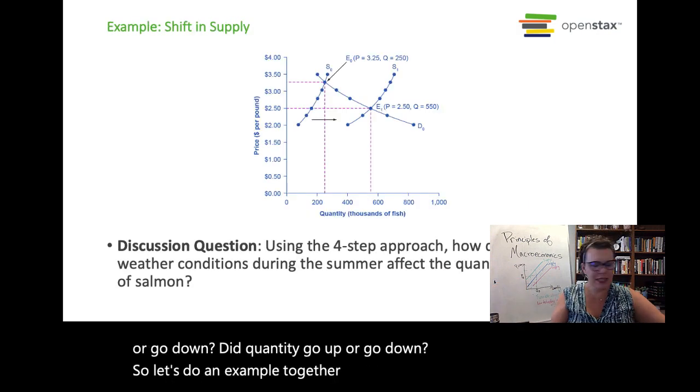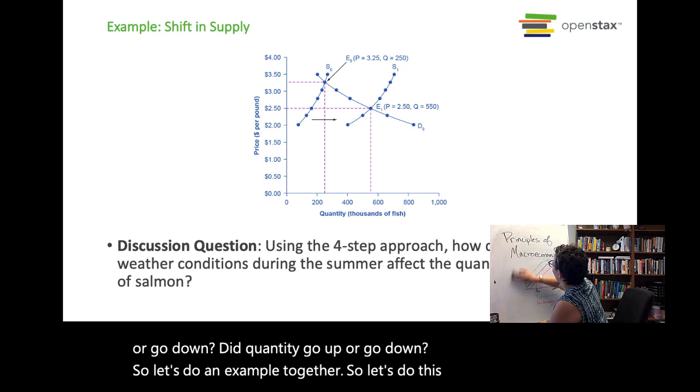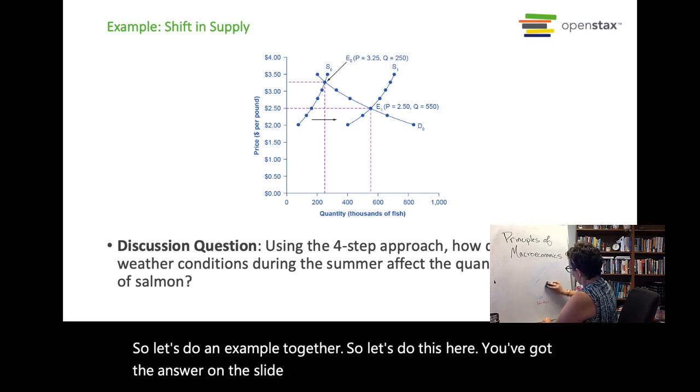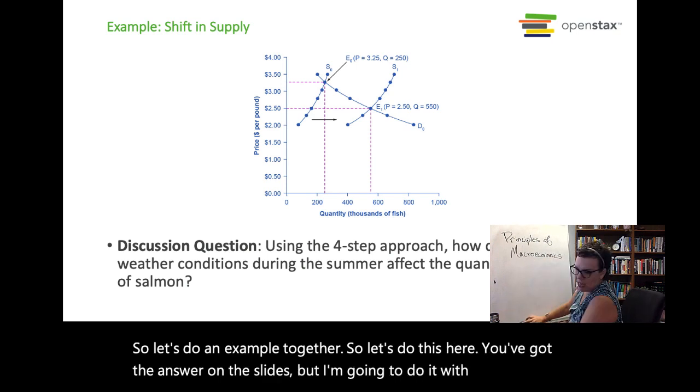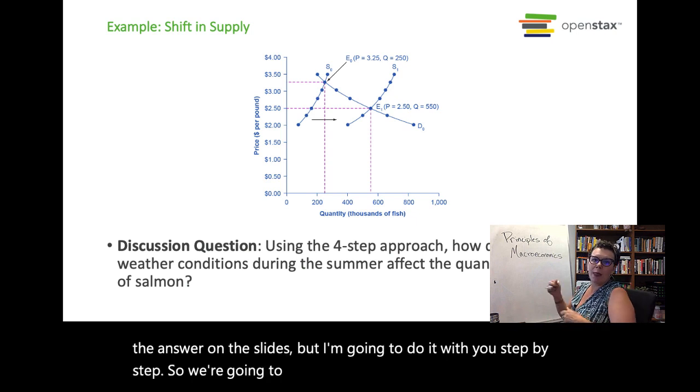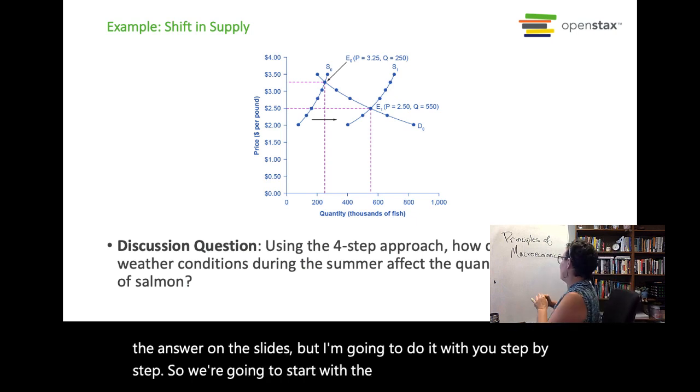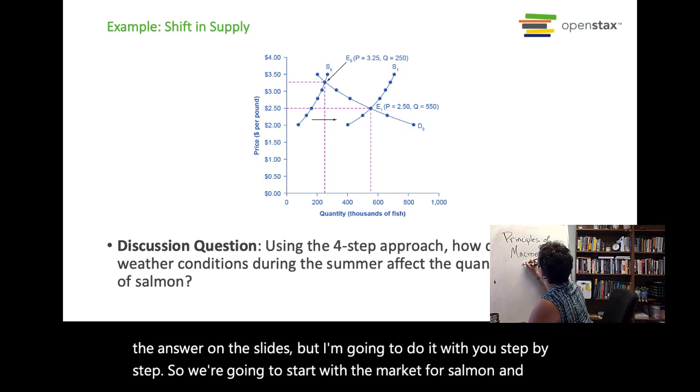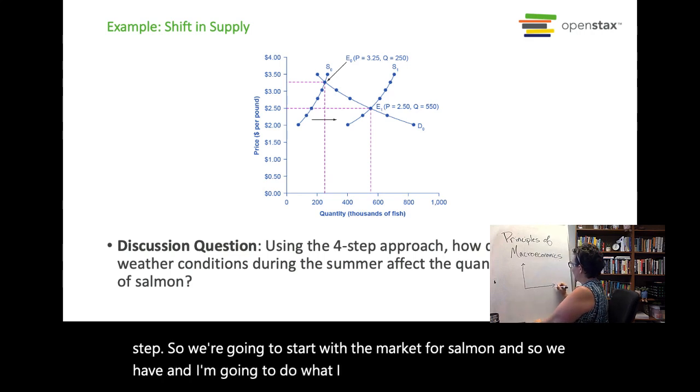So let's do this here. You've got the answer on the slides, but I'm going to do it with you step by step. So we're going to start with the market for salmon. And so we have, and I'm going to do what I call a qualitative model.